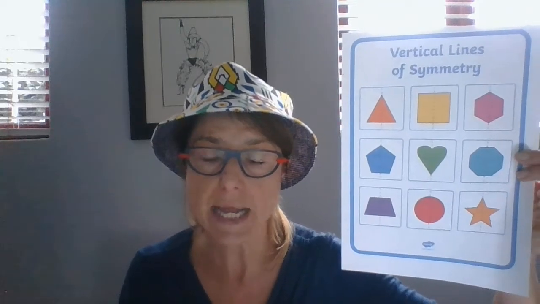So if you fold it, it's the same on the right side as it is on the left-hand side. So if you have a look at all these shapes, you can see that they have been divided absolutely equally, and we call that symmetrical. One side looks like the other side.